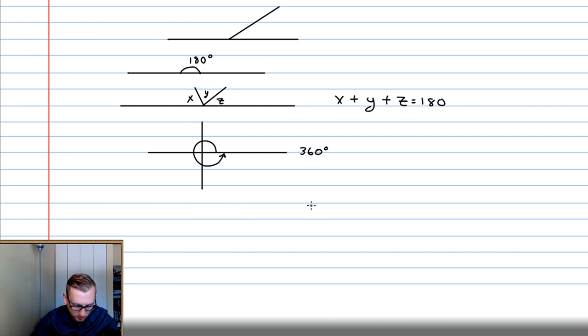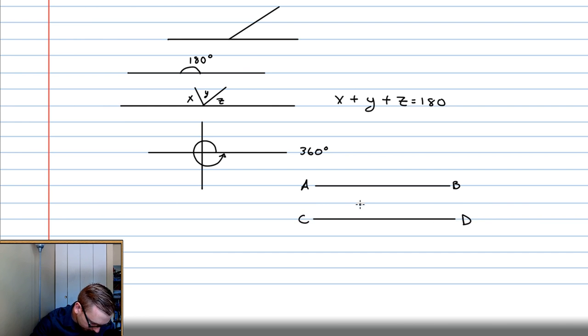Okay, so another thing that she's got in here for her review is these two lines are parallel. Let's call it line AB and line CD. And then she's got this other line through here.